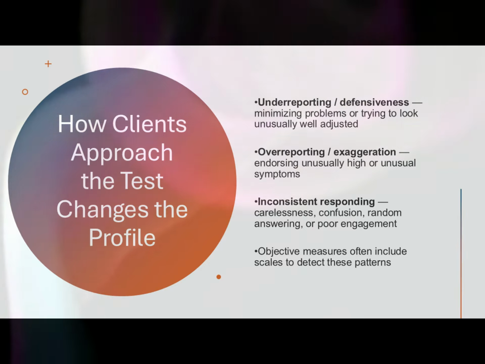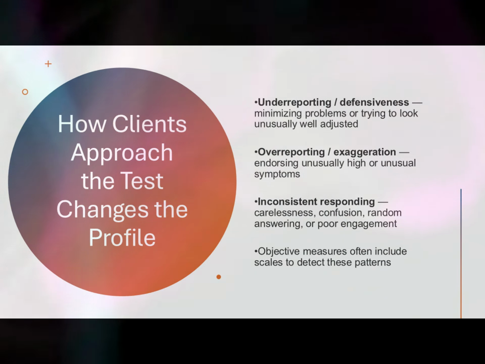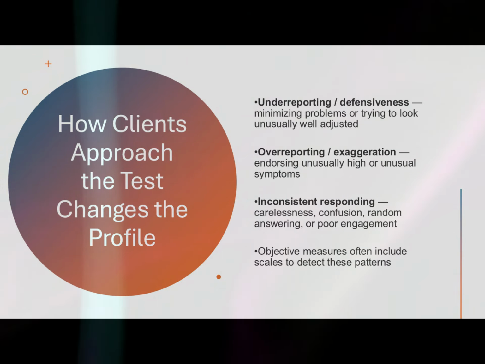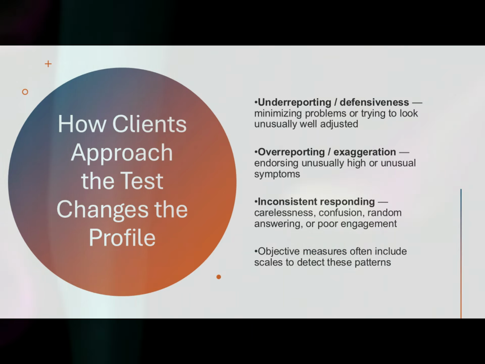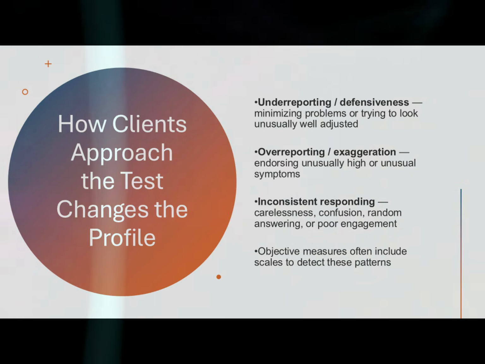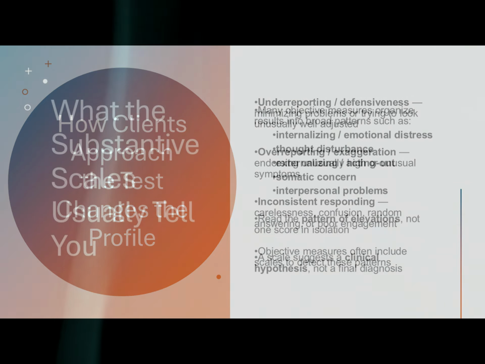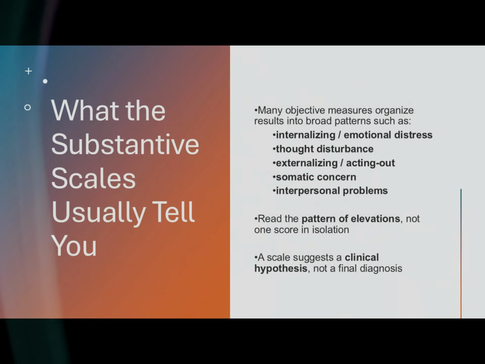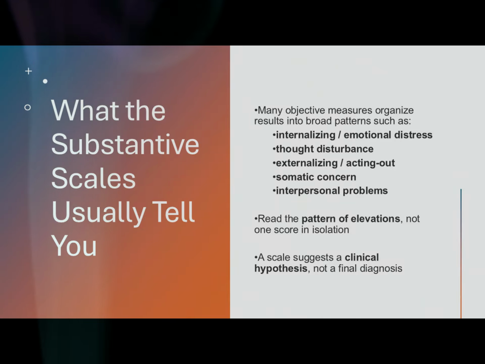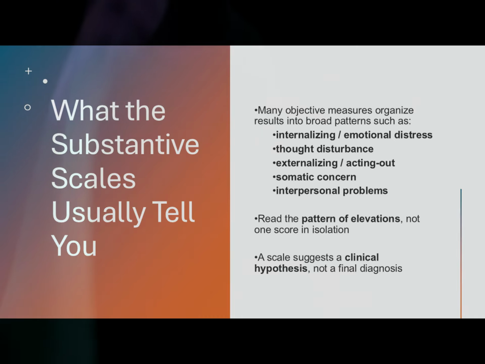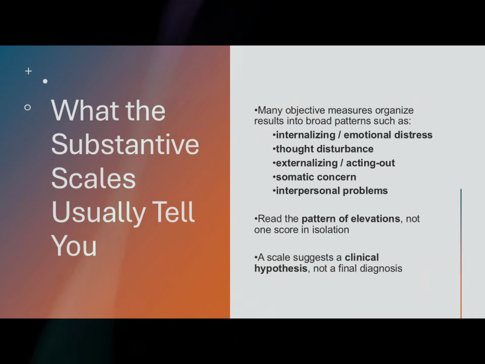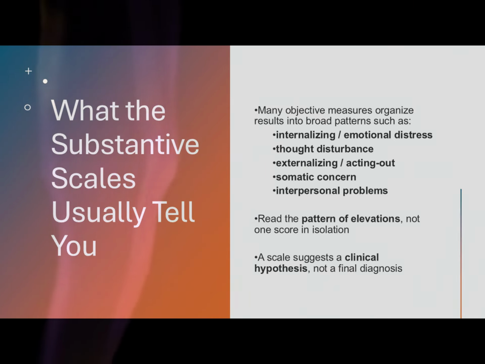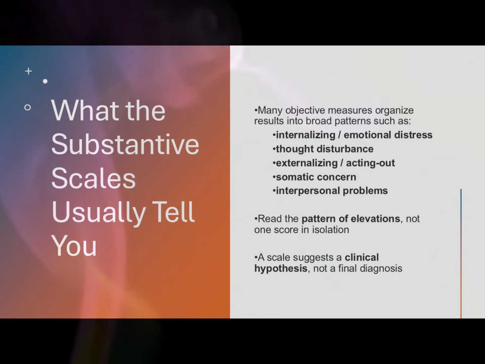But once you've looked at validity and decided that the profile is interpretable enough to consider, the next step is to do some reading of the substantive clinical scales, because there will be some important scales. Like, for example, the MMPI is organized into psychopathology scales.